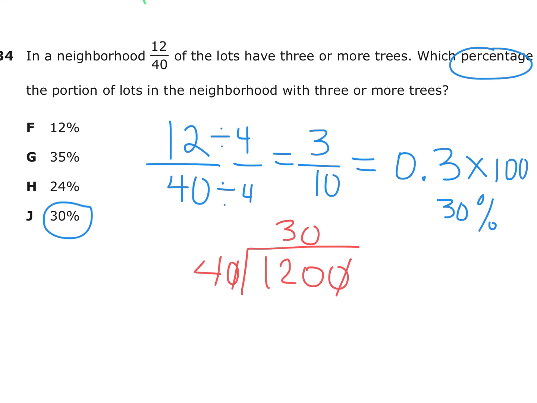So this is another way of looking at it. I multiply by 100 first to get to 1200, and then divide by 40. 1200 divided by 40. These two zeros will cancel out. 120 divided by 4 is 30%. So there's different ways of doing this. So the answer was J, 30%.